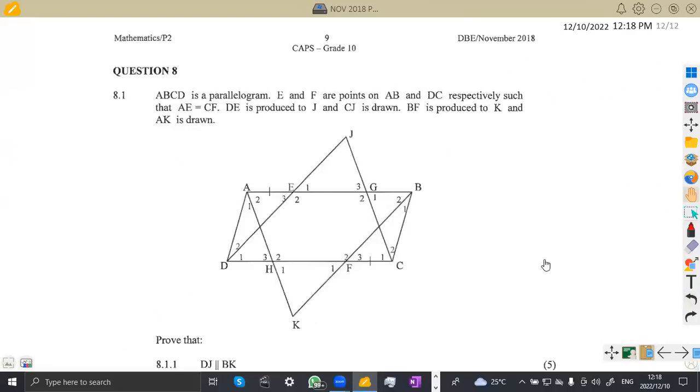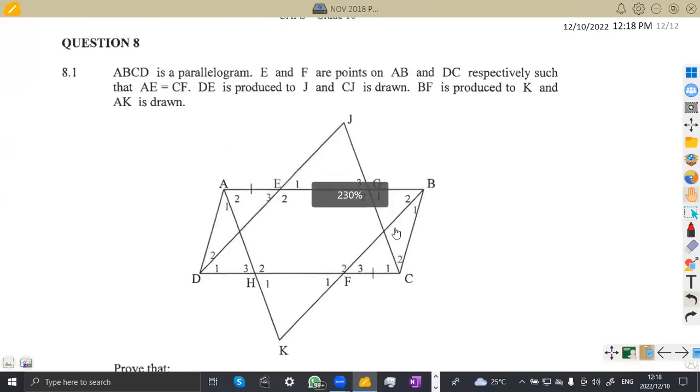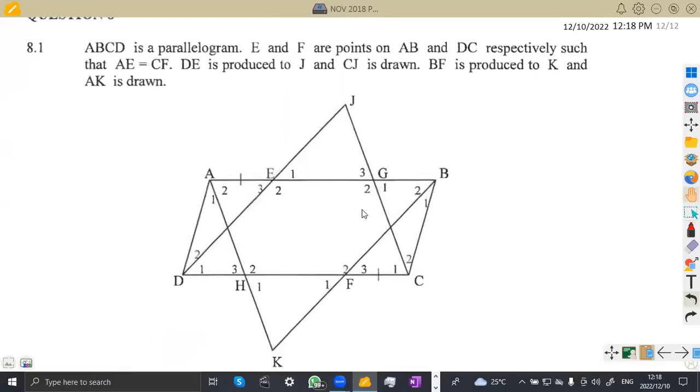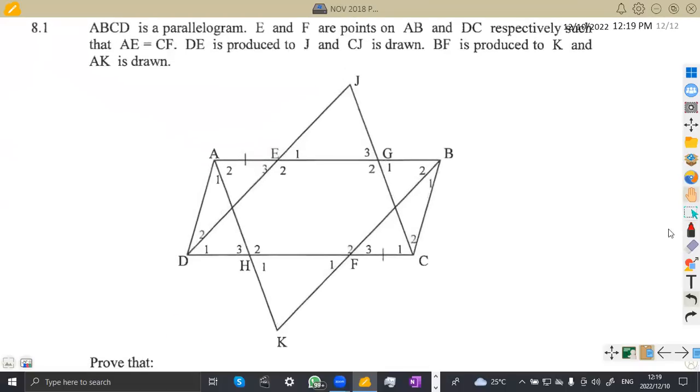We are going to cross-check question number 8, where we are given that ABCD is a parallelogram, where E and F are points on AB respectively. We've got the points E and F here, we can see them from the diagram, such that AE is equal to CF.